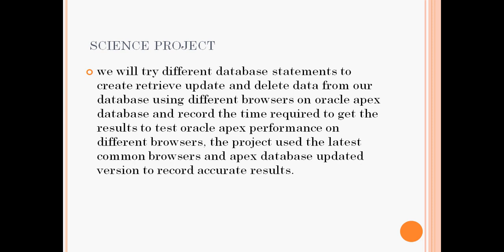In this project, we will try different database statements to create, retrieve, update, and delete data from our database using different browsers on Oracle Apex database and record the time required to get the results, to test Oracle Apex performance on different browsers. The project used the latest common browsers and the updated Apex database version to record accurate results.